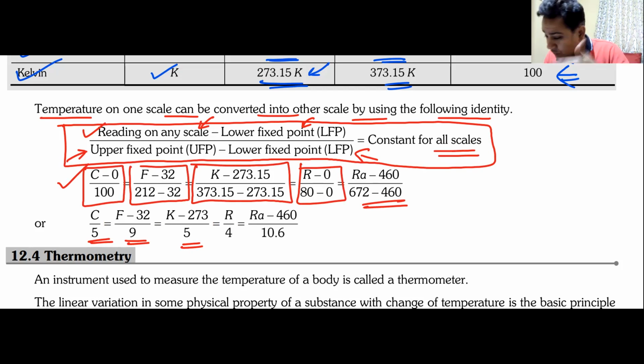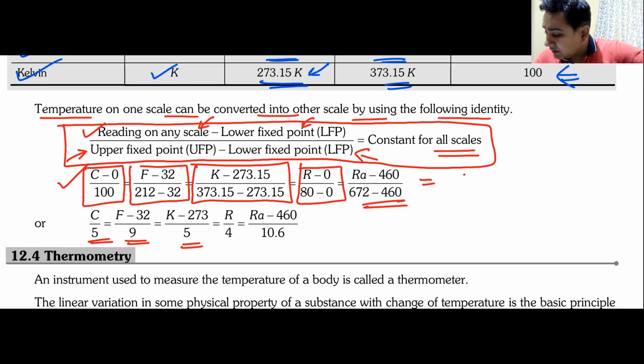If you know this, you can convert temperature from one scale to the other scale. You can also create your own scale. If I create my scale, how do I create it? I create a lower point, I create an upper point, and in between them I create equal divisions, and that becomes my scale.